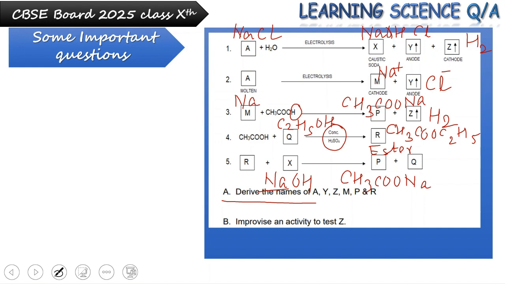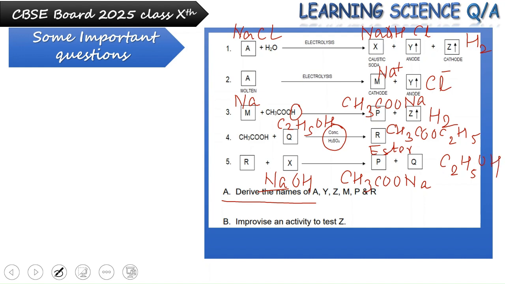These are fruity smelling substances named esters. So R is again the ester which is reacting with NaOH here, producing CH3COONa and alcohol, which is ethanol.